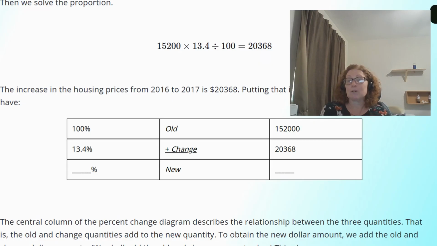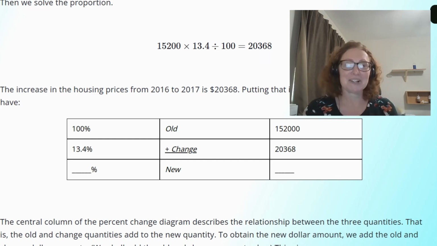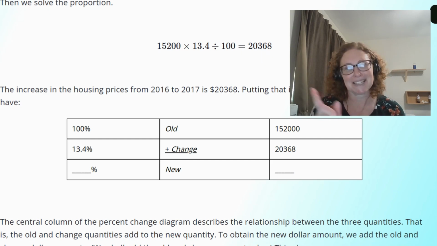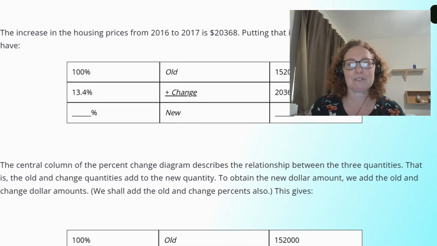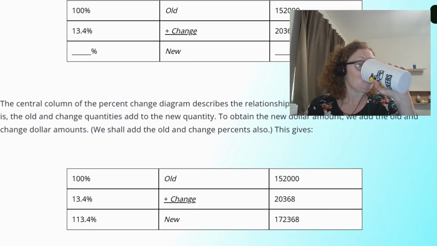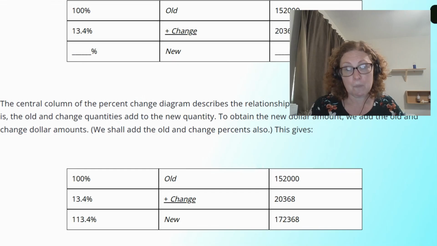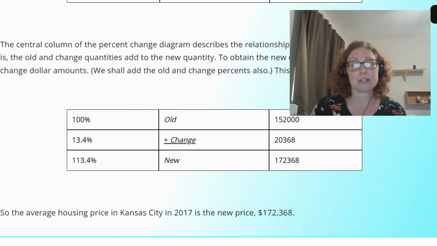And also, the 100% plus the 13.4% gives us 113.4%. See, over 100% because the change was over 100. And so, to fill in the chart, these are the answers that you would get.